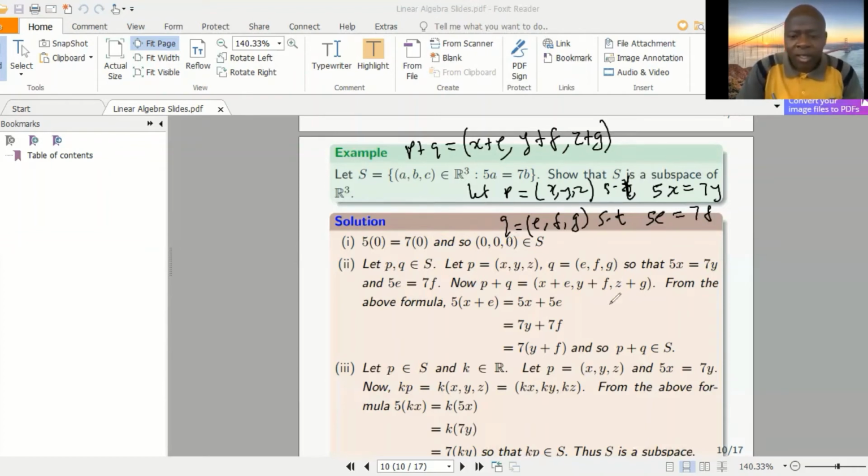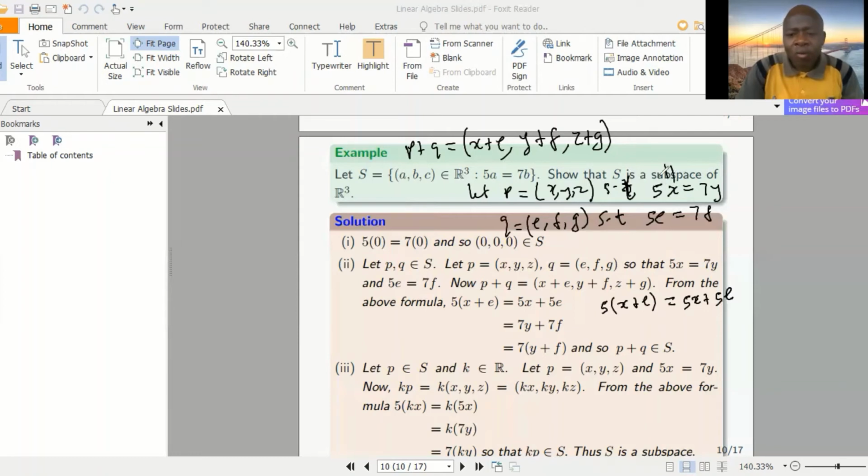Now, that is very interesting. Let me show that here. 5 times the first element. What is the first element? The first element is x plus e. I want to show that 5 times the first element is 7 times the second element. So what does this give me? By distributivity, this will be 5x plus 5e. But come here.